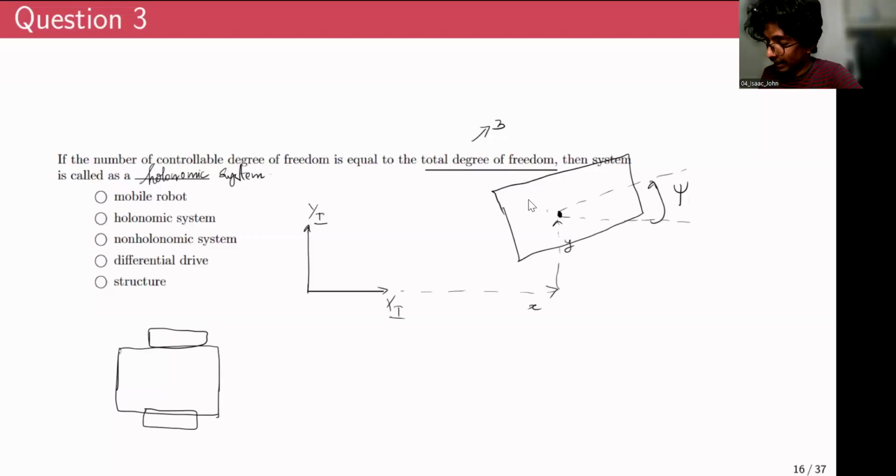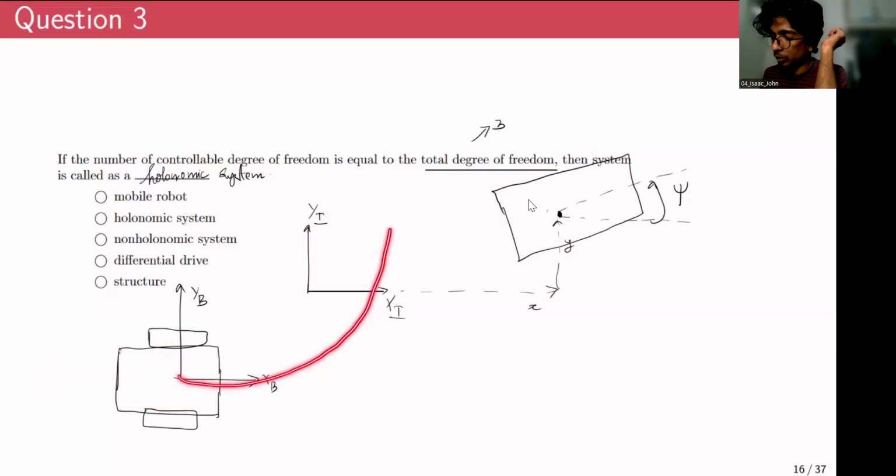we have seen that if I attach a frame of reference, xb and yb, the differential wheel robot can go forward, it can go backward, and it can rotate about its own axis with zero turning radius.